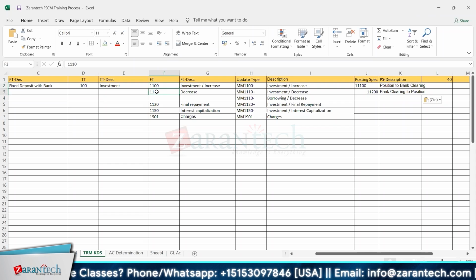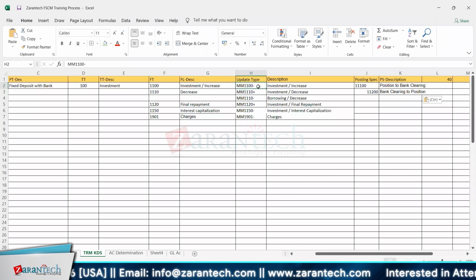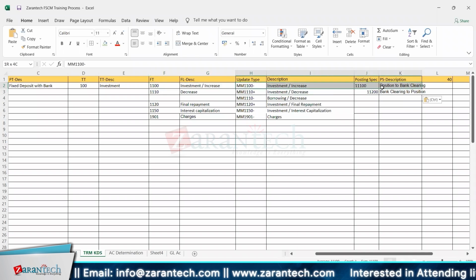So here you can see, in the first case, an increase of fixed deposit means I'm paying money to the bank to create a fixed deposit. So here I have only one flow, so there will be only one accounting for this flow type.